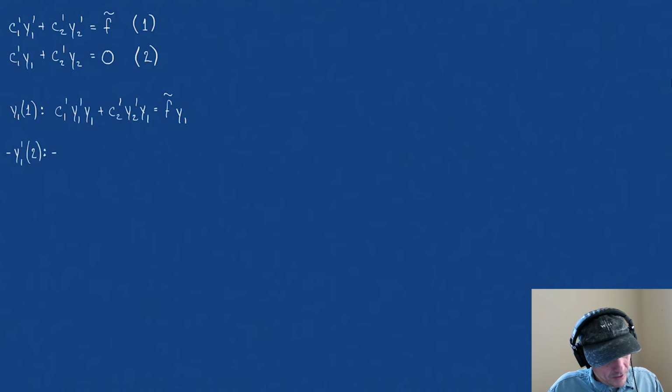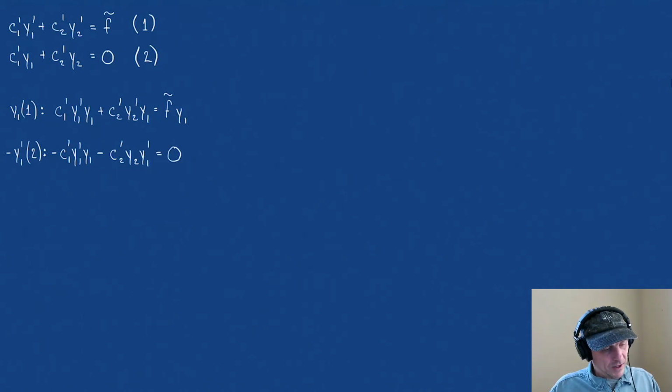So that's going to be a minus C1 prime, y1 prime, y1 minus C2 prime, and then we're going to pick up a y2 y1 prime, and that's still going to be 0.